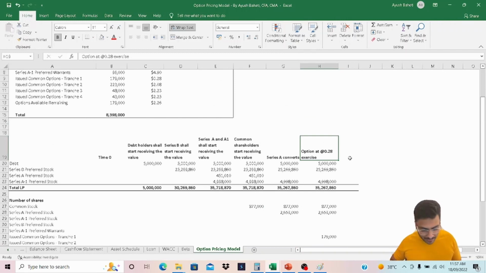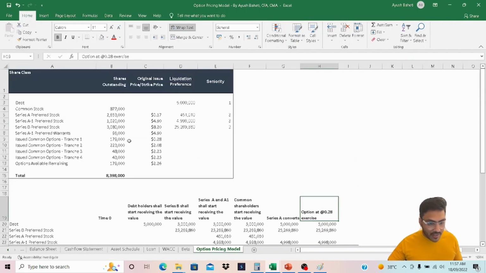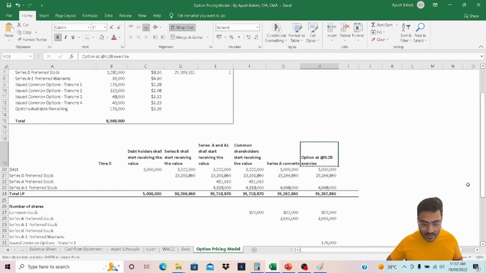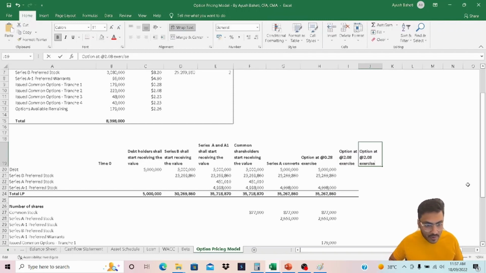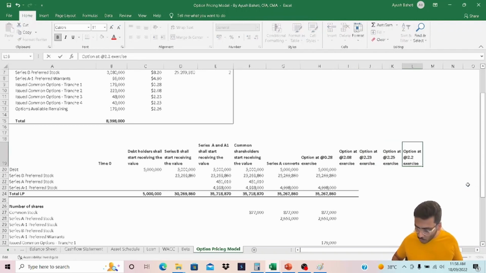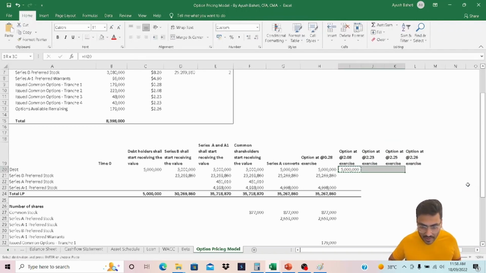So after this breakpoint, similarly, what will happen? The other option holders will start receiving the value. So that is the option at 2.08, followed by 2.23, 2.25, and 2.26. The debt holders' value is going to remain the same.